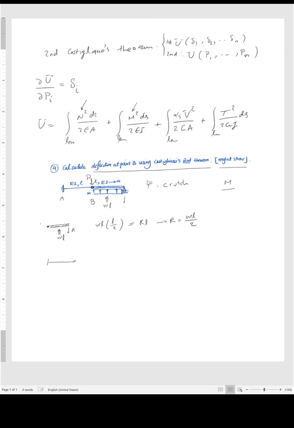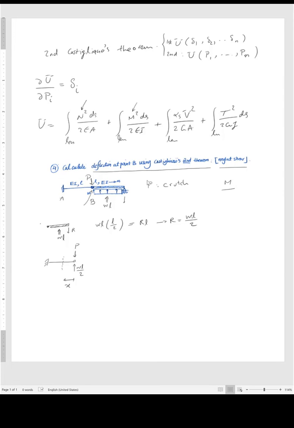Now to calculate the moment for AB, I make a cut. So I have this P, and I have WL over 2 coming from the right side. If I cut here at the place of the pin, you can imagine I'm cutting just a little bit to the right of the pin. I take my X from this point, and I make a cut somewhere here.